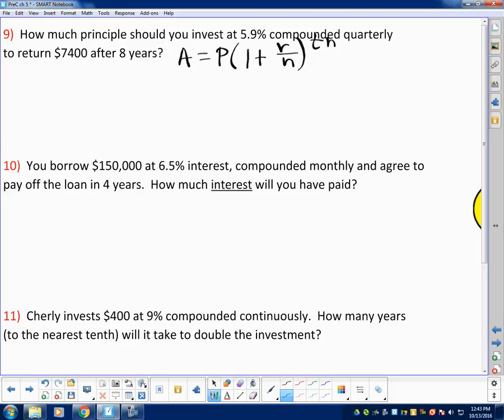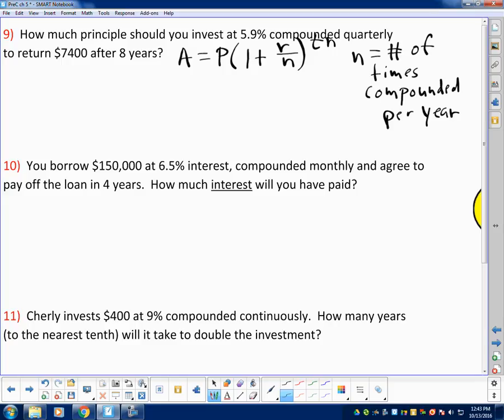The n represents the number of times you're going to compound in that 1 year. So n equals number of times compounded per year.